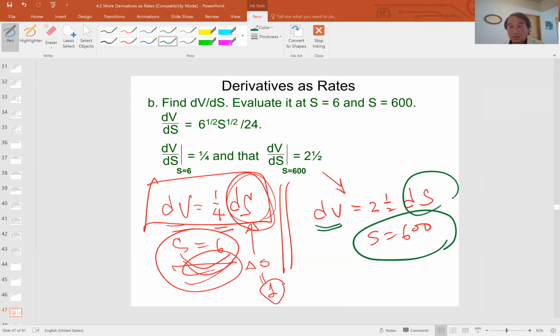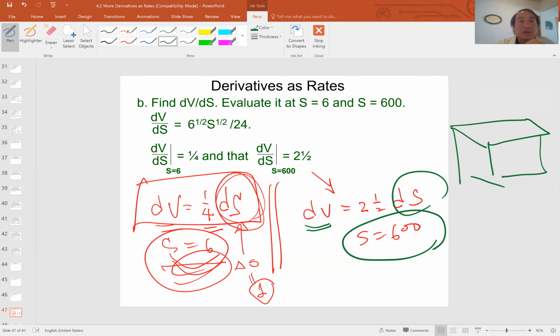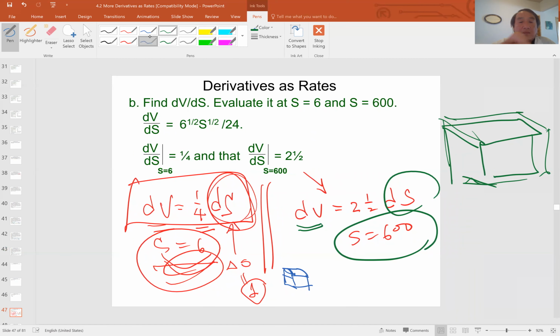Okay, so for a very large cube versus a very small cube, if I were to blow this out, make it slightly bigger, and the same thing, blow the little one out, make it slightly bigger, so each one has the surface increased by 1 surface unit.